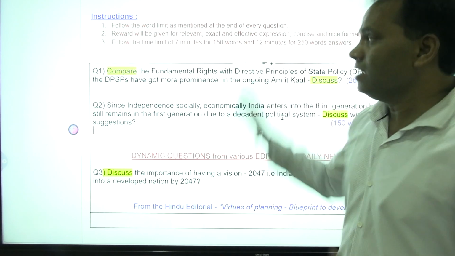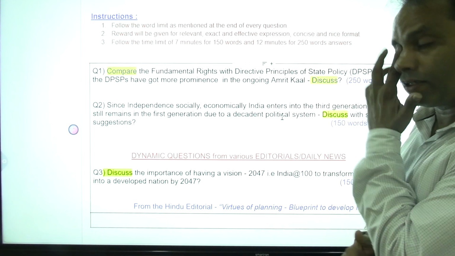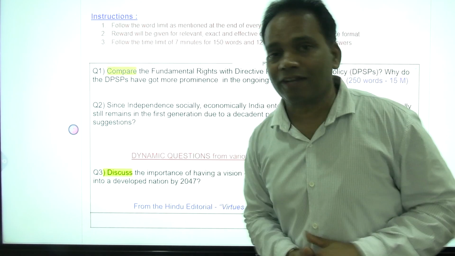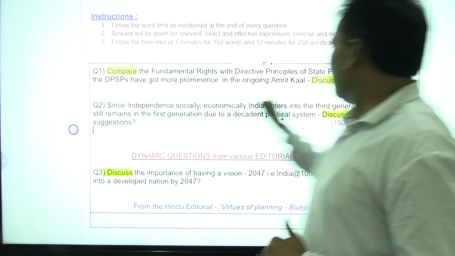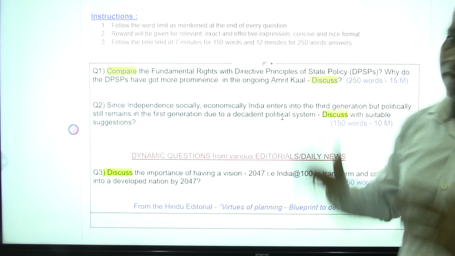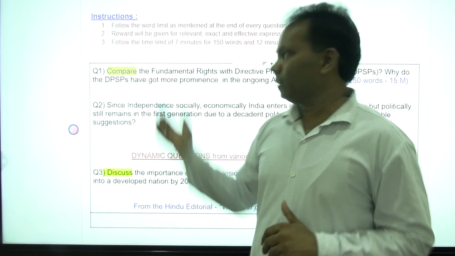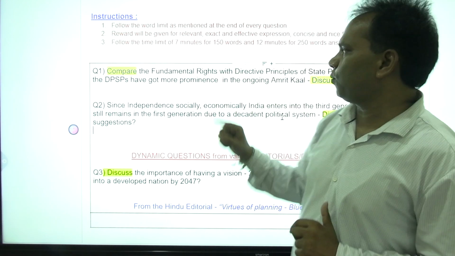The first thing is the question tags and keywords. These are more important. For example, as far as the question tags are concerned, what are the question tags? Compare and discuss. You should know the exact meanings of these question tags. For example, compare. Now, compare the fundamental rights with the directive principles of state policy.